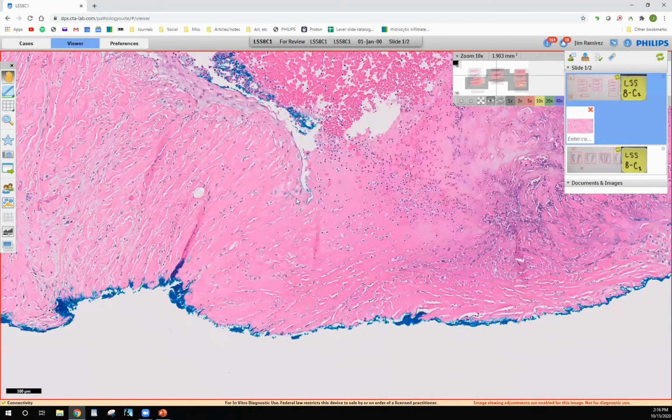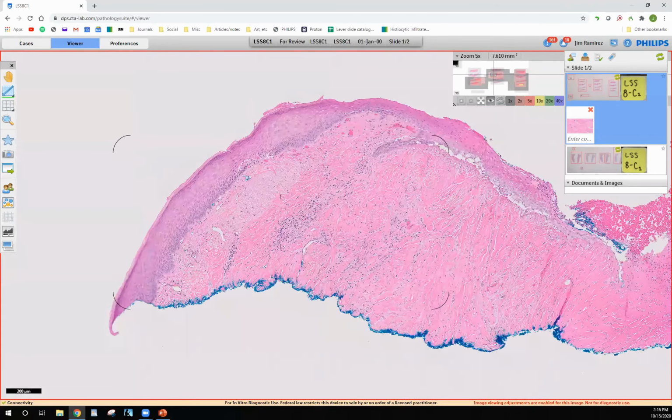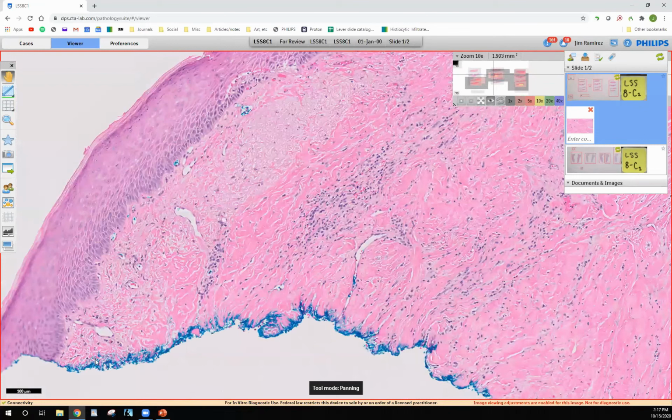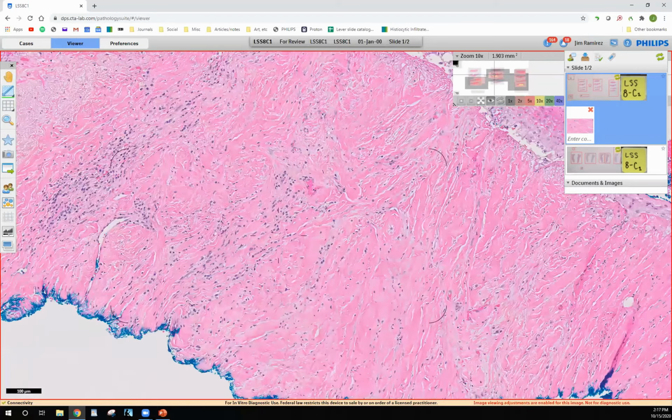You've lost the fibrillar quality to the collagen that you normally see. Even away from the ulcer in areas like this, you can see this is more or less what we'd expect normal collagen to look like, this very fibrillar quality. But compare that to this side over here, and you can clearly see that there's something going on with the collagen.